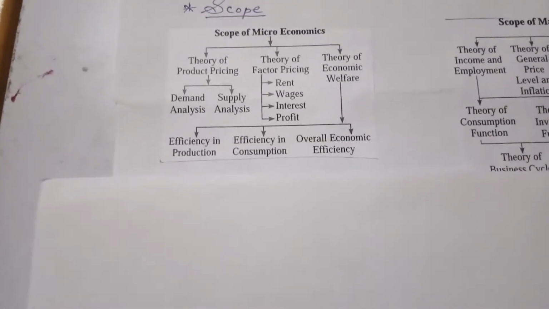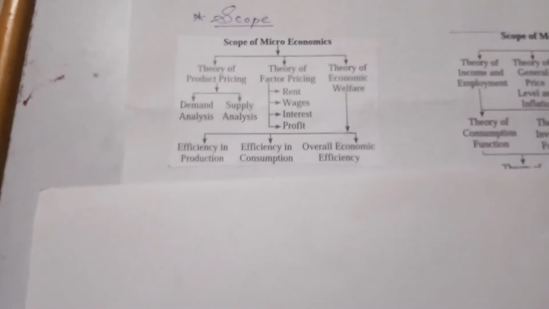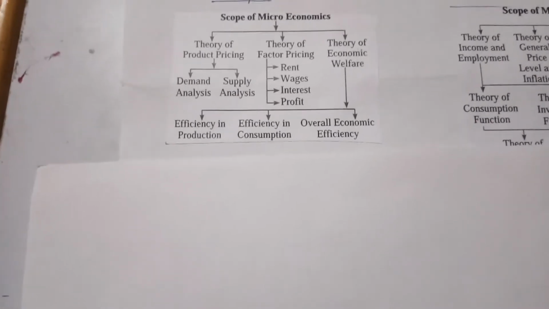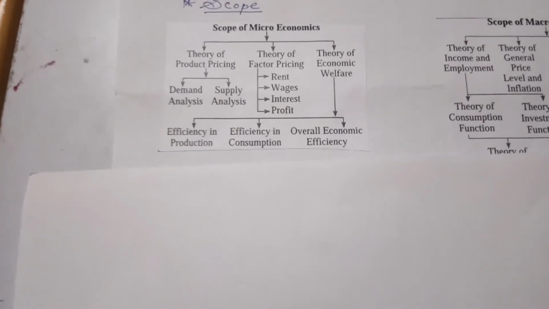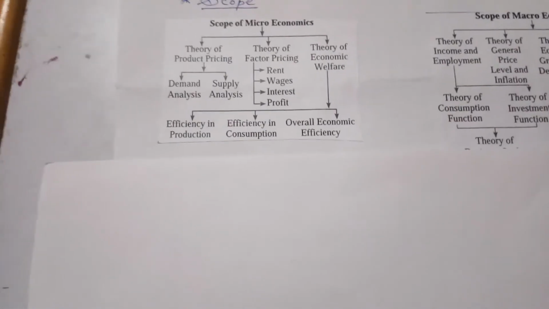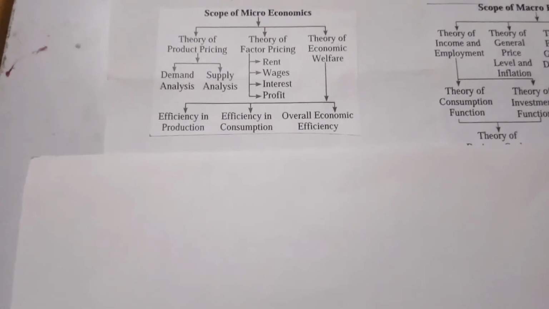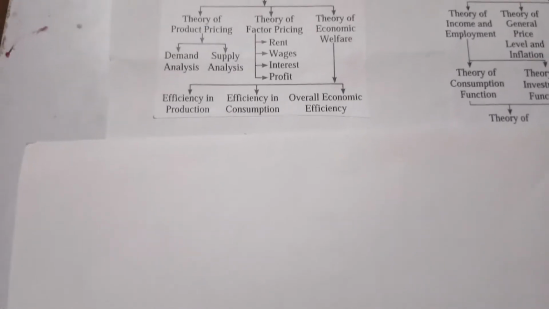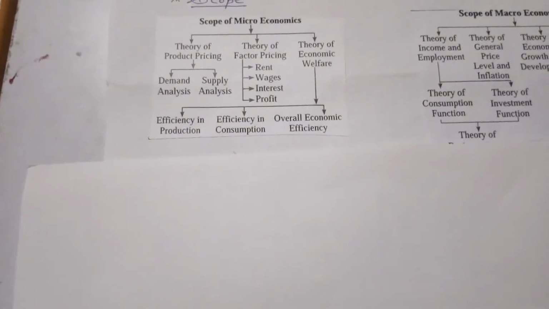The theory of factor pricing is divided into four parts. Rent: whichever land is required, we pay rent. Number two, for laborers, we pay wages. Number three, interest, and number four, profit.